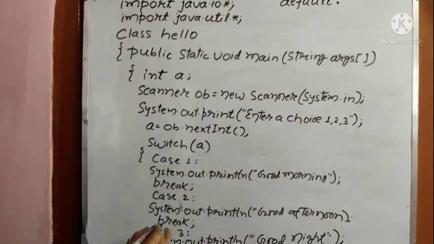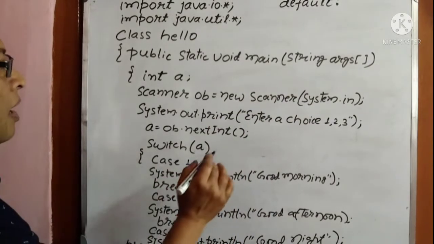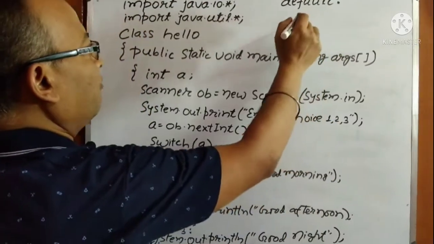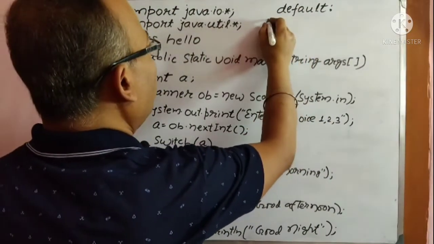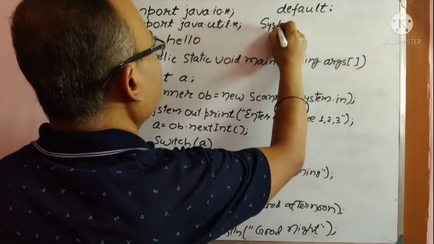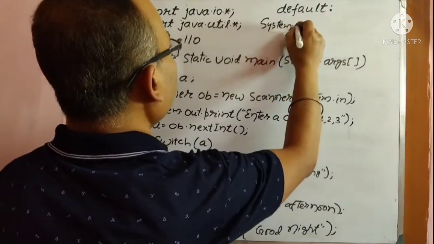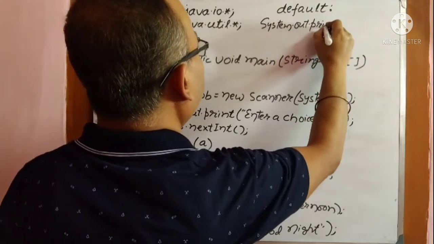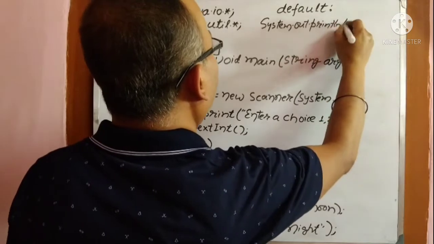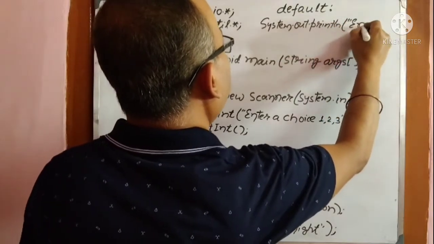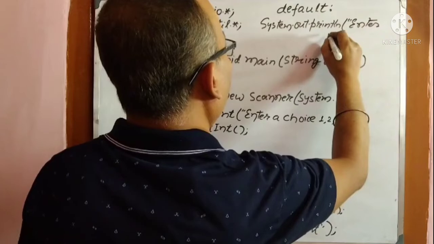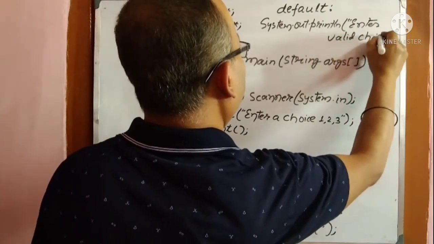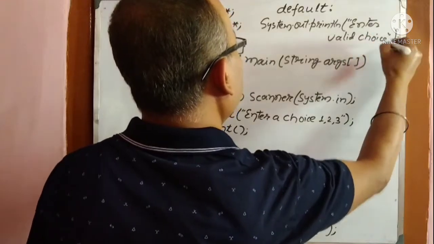That means if user enters number except 1, 2, 3 in this default block, it will come, and I am printing what? System.out.println enter valid choice. Okay, enter valid choice.